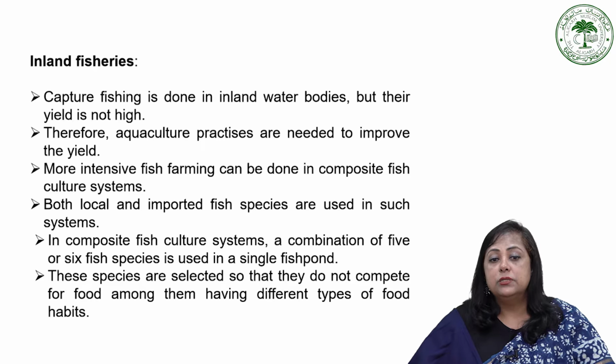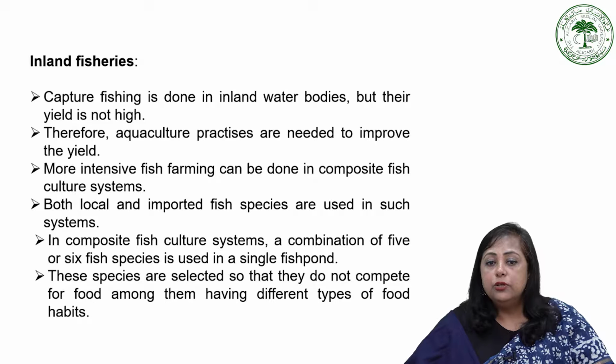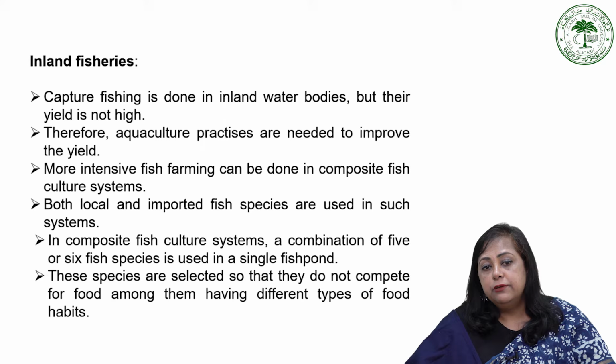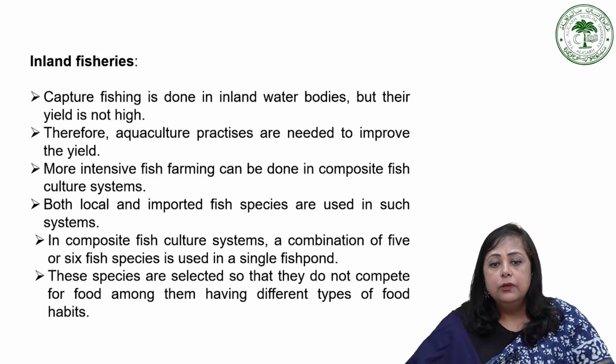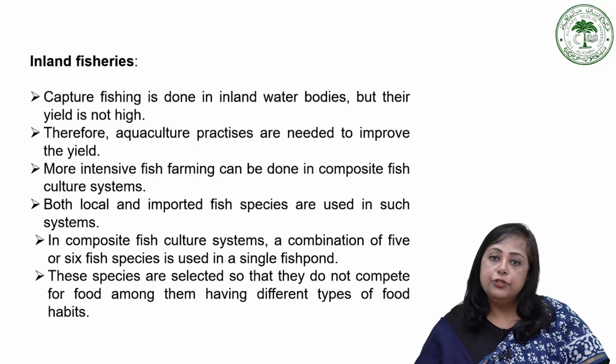Capturing fishes is done in inland water bodies, but their yield is not high. Therefore, aquaculture practices are needed to improve their yield, and more intensive fish farming can be done in a composite fish culture system. In a composite fish culture system, a combination of 5 or 6 fish species is used in a single fish pool.